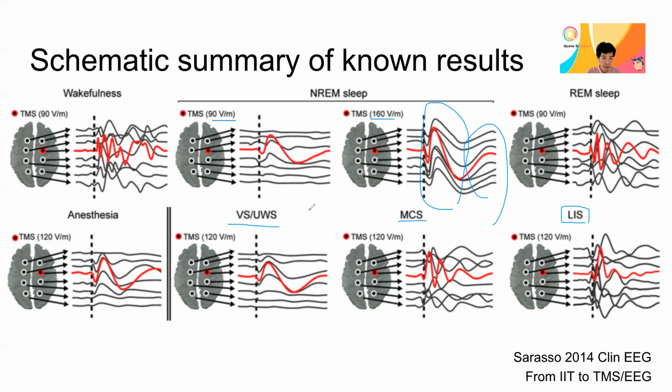So the distinction between the vegetative state and the minimally conscious state is difficult. Locked-in syndrome is easier because they can actually make voluntary eye movements. But here, the potential is that minimally conscious patients can be distinguished from vegetative state patients.